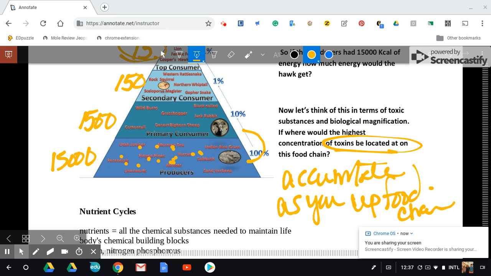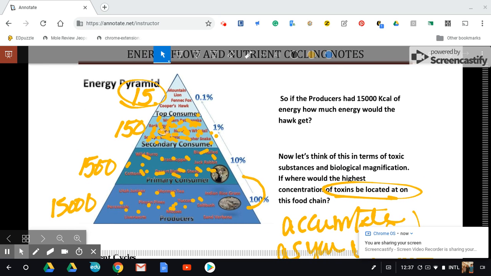As these different organisms ate that, you get even more particles, because it doesn't break down in their tissues. As these organisms eat these, I'm getting more and more until finally the top level consumer has all these toxins built up in their system. Unlike energy, toxins accumulate. We don't lose energy, but only 10% is transferred for each level.